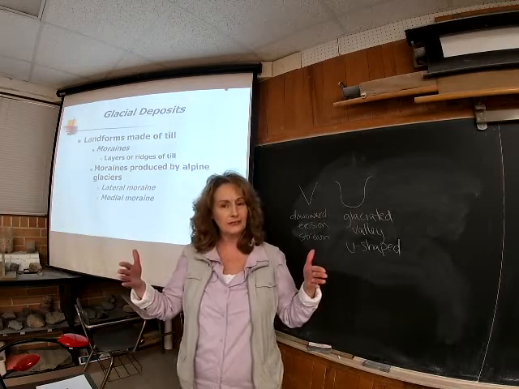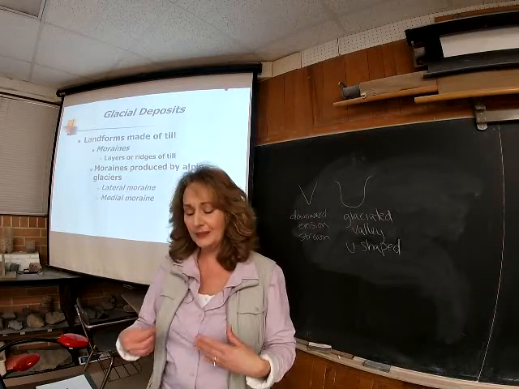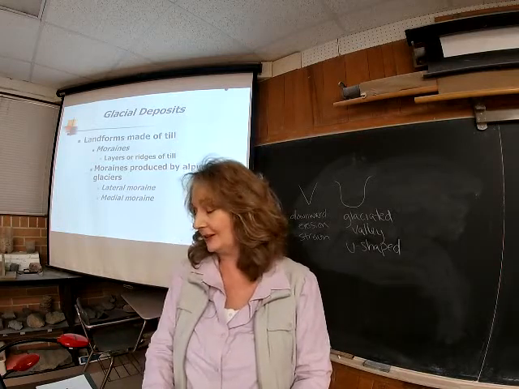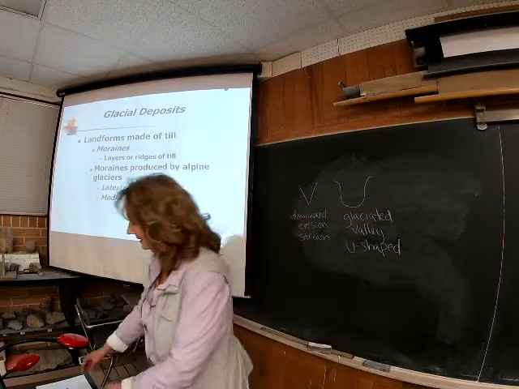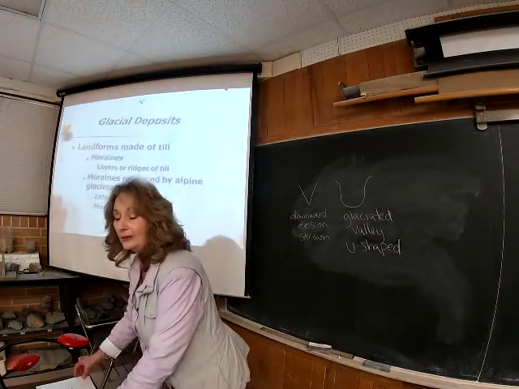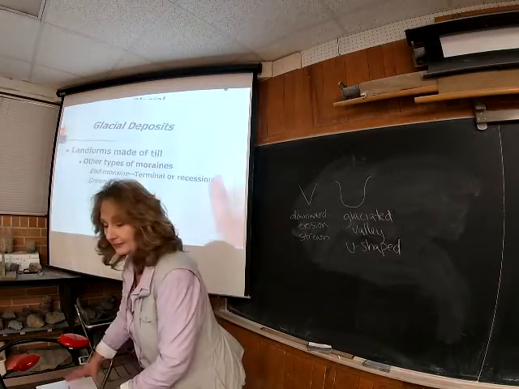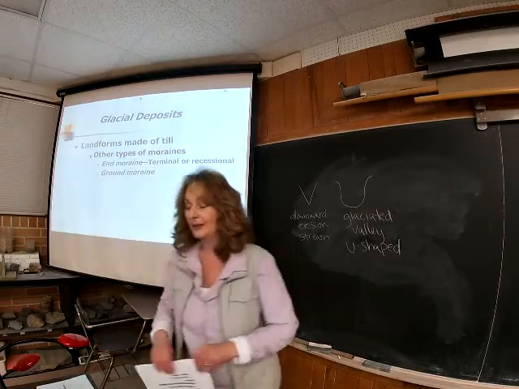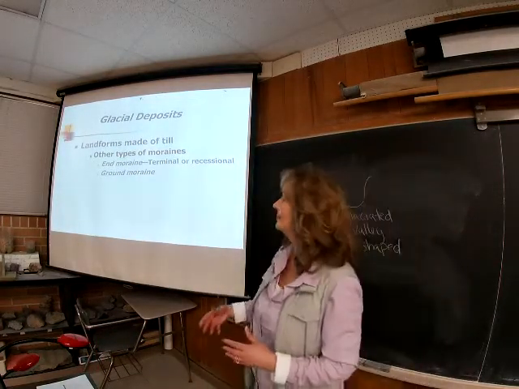So lateral off to the sides, medial down the middle. And there's just these layers of till that kind of get built up as you're going, as the glacier is depositing right along the valley, the glacial valley.